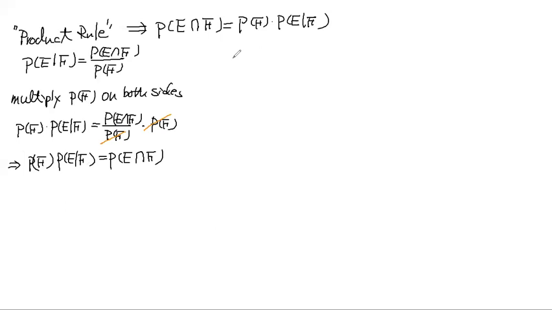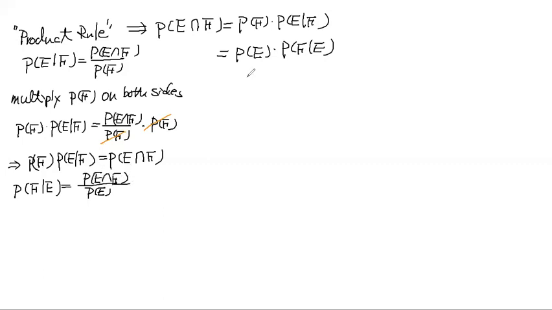Or it will also be equal to, if you treat E as the condition, the probability of F given E. The reason is that the probability of F given E is equal to the intersection over the probability of E.